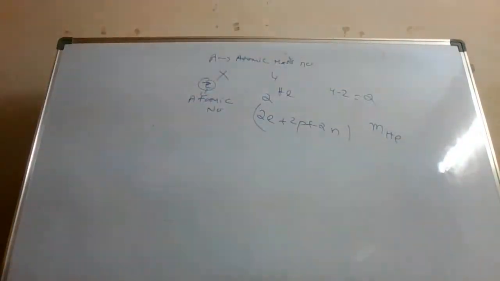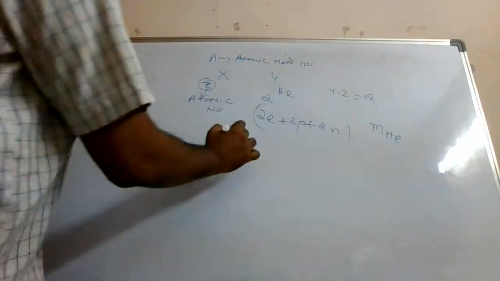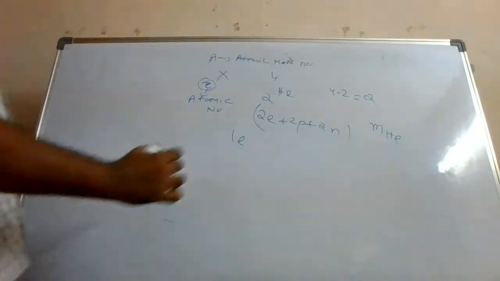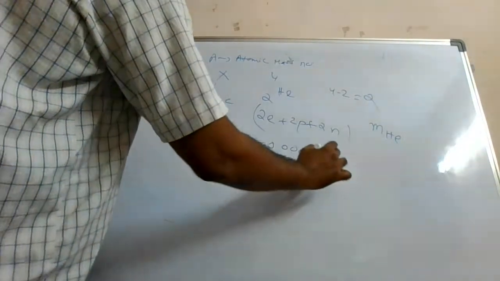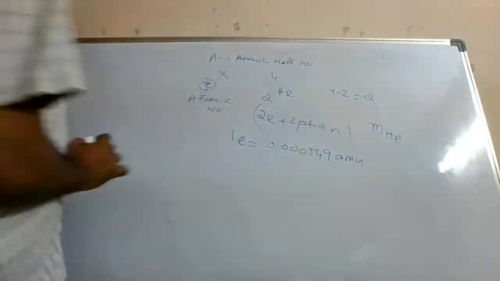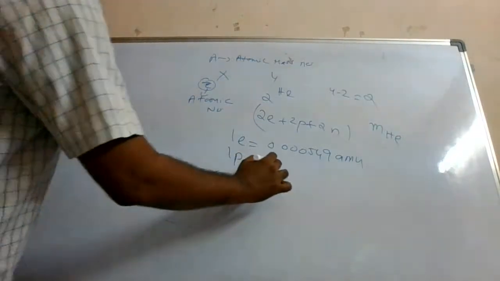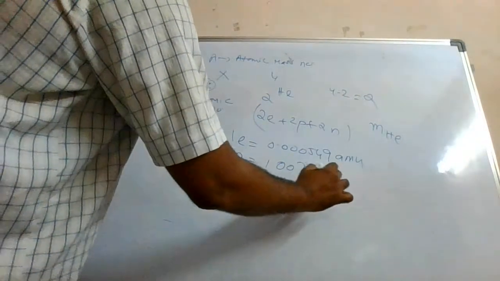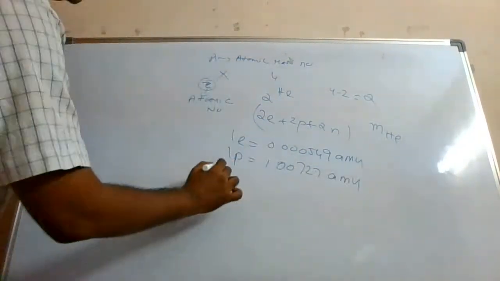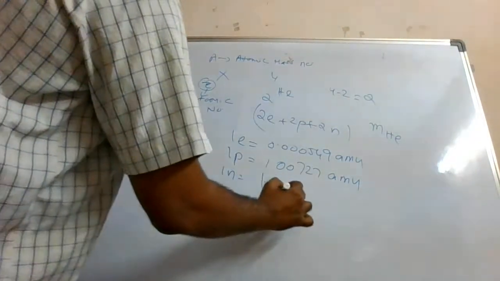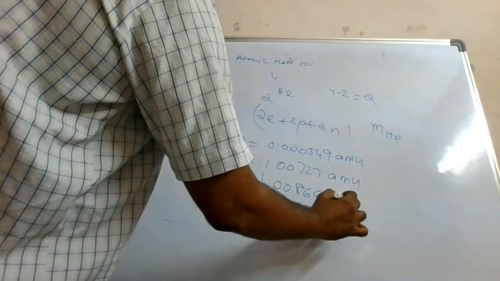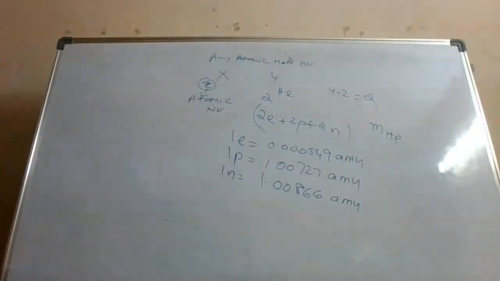Isn't it? Simple. So what is the mass of electron in atomic mass unit? We have seen that this is 0.00054 AMU (as stated). Mass of proton is 1.00727 AMU. And 1 neutron is 1.00866 AMU. Alright.